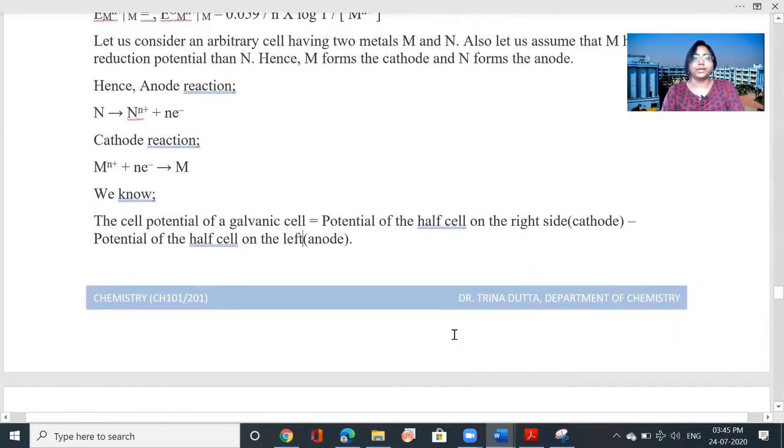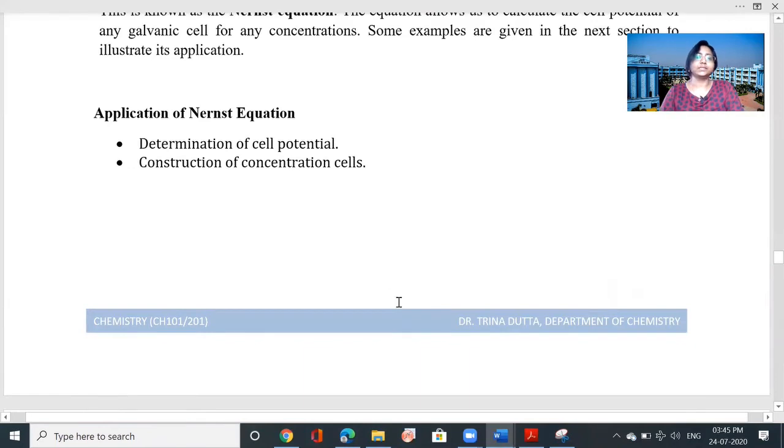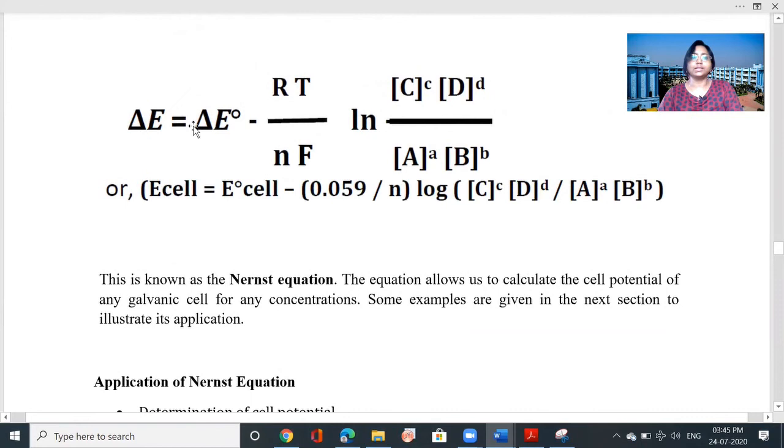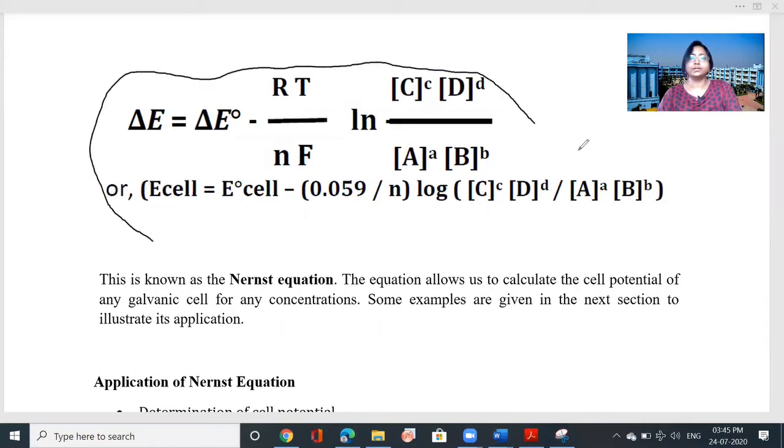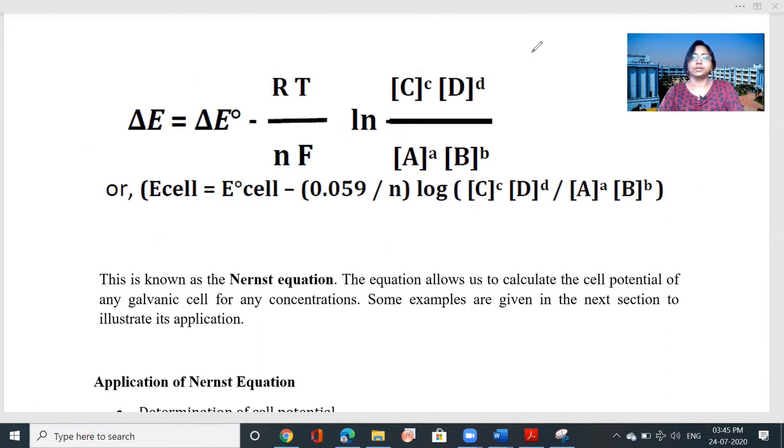I can show here again that this is the application of the Nernst equation, and this one is called the Nernst equation. Okay, so this is the Nernst equation. You can write the application of this.